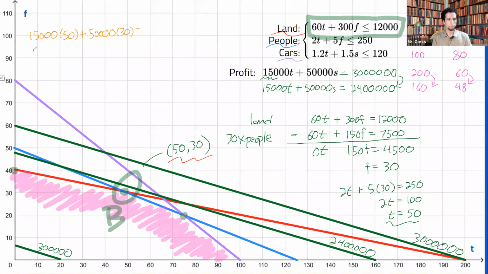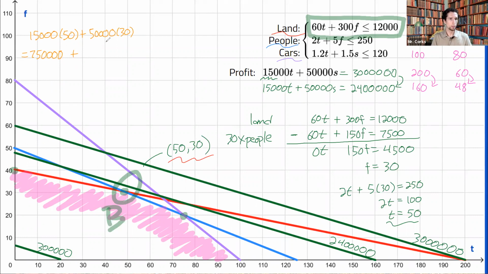And what do we get there? What is our profit at this location? 750,000 plus, what's that? 1,500,000.